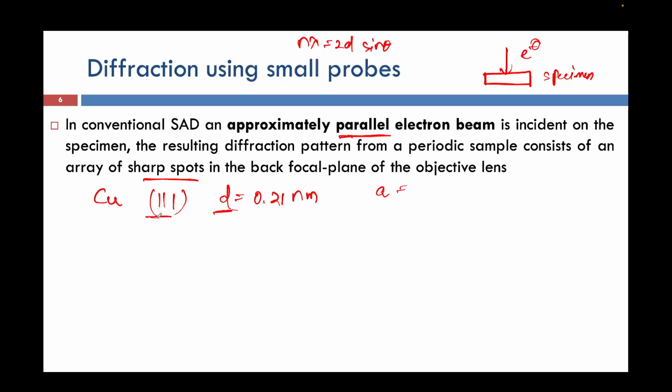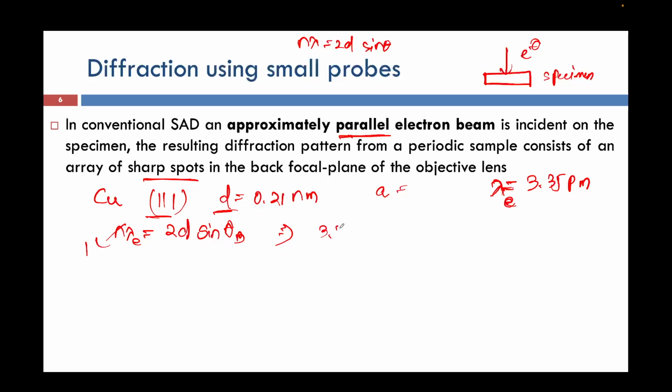Since I have the hkl and the d spacing, let's assume that lambda, the wavelength of the electron, is around 3.35 picometer. Putting this into the diffraction equation, n lambda is equal to 2d sine theta, with theta as theta b and n equal to 1 for first order diffraction.